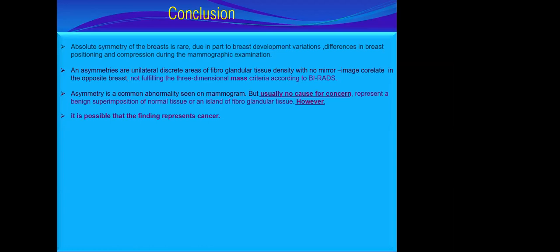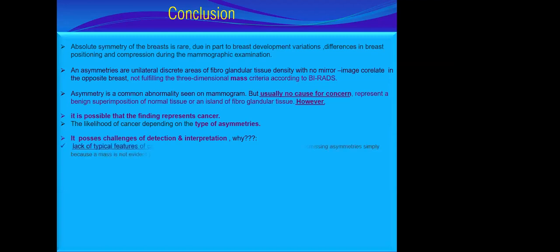However, the finding may represent cancer, and the likelihood depends on the type of asymmetry, and it usually poses challenges of detection and interpretation. Why? Because cancer is not always typical, presenting as a mass or suspicious finding; it can just present as an asymmetry.